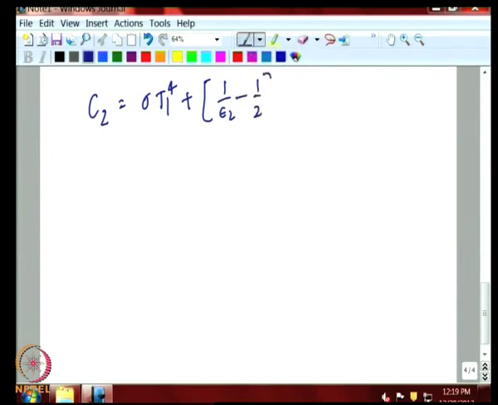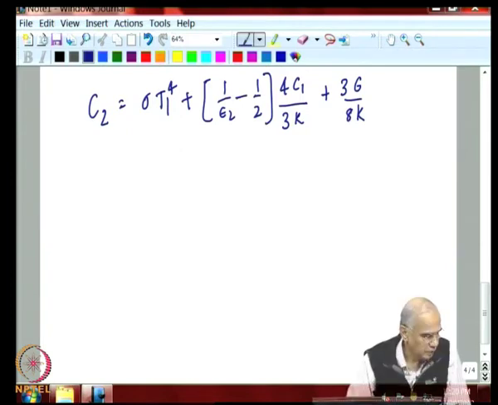Minus half, that is the boundary condition requirement, into 4 C1 by 3K plus 3G by 8K, where K is the extinction coefficient, not conductivity of the gas. So, you put all this into the final result, so that we get a feel for the final result.